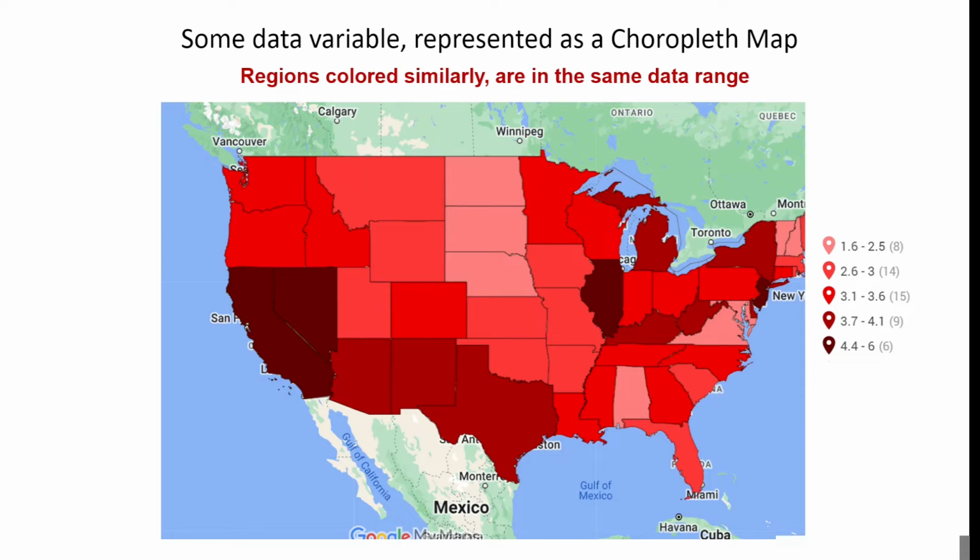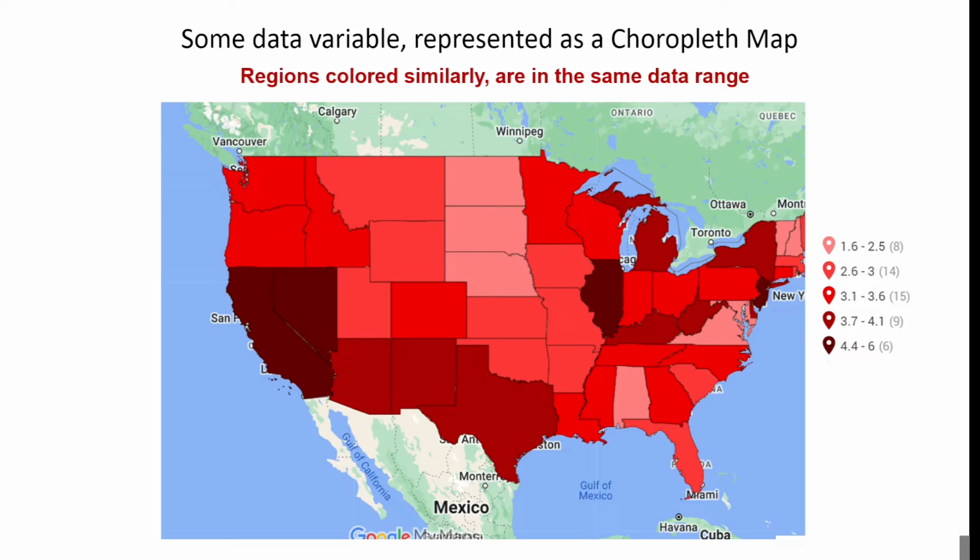This is an example of a Choropleth map. I'm sure you would have seen such kind of maps very routinely. Choropleth maps show the distribution of a data variable across regions, and regions that are similarly colored are in the same data range.